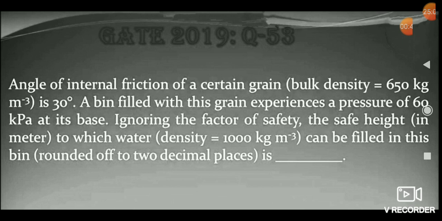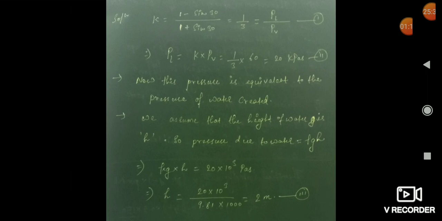Meaning whatever the lateral pressure will be, it is equivalent to that. If we replace it with water, if we put water in that bin, up to what height will the water go? I think all of you know that the pressure formula for calculating the height of water is rho g h. I think all of you should know this.